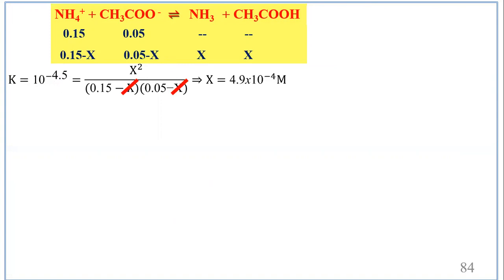If K is less than 10 to the minus 4, X relative to a certain amount is negligible. Clear? Great. Excellent. Now, once X is negligible, the calculation becomes much easier to do, and I do not need to do a quadratic.